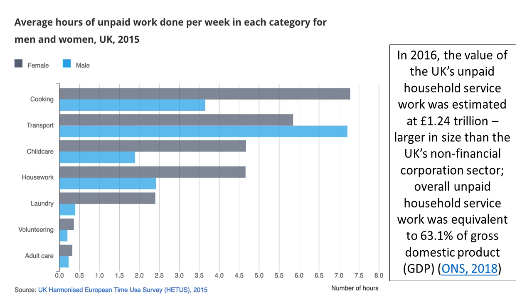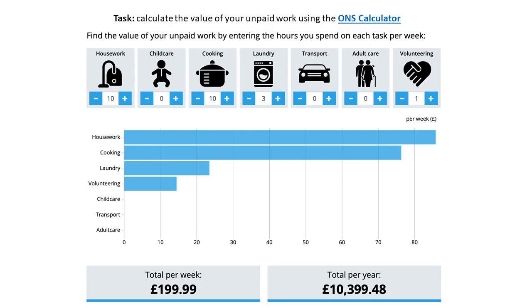But there's a very nice tool that I recommend to use in class with students, which is created by the Office for National Statistics in the UK, which is a sort of calculator where students can enter the time and the tasks that they do in their house, and then they can see how much unpaid work they spend every week. So this amount is calculated through a market price replacement.